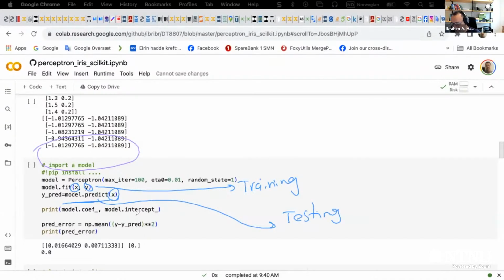We did that last time, and the prediction error was 0%, which means accuracy was 100%. It's 100% because we trained the model using X and tested it using X.